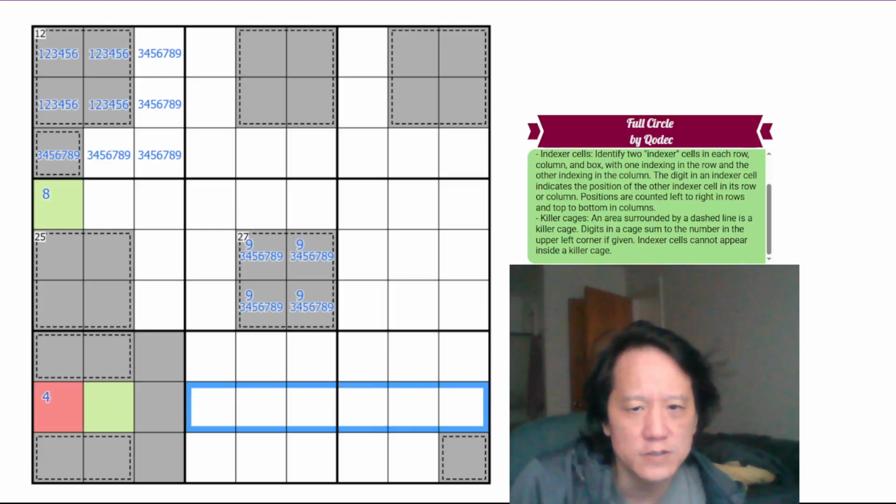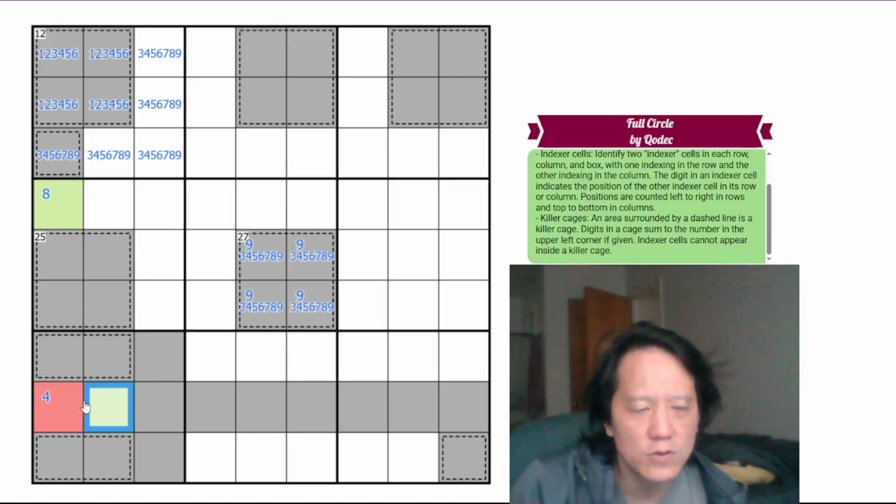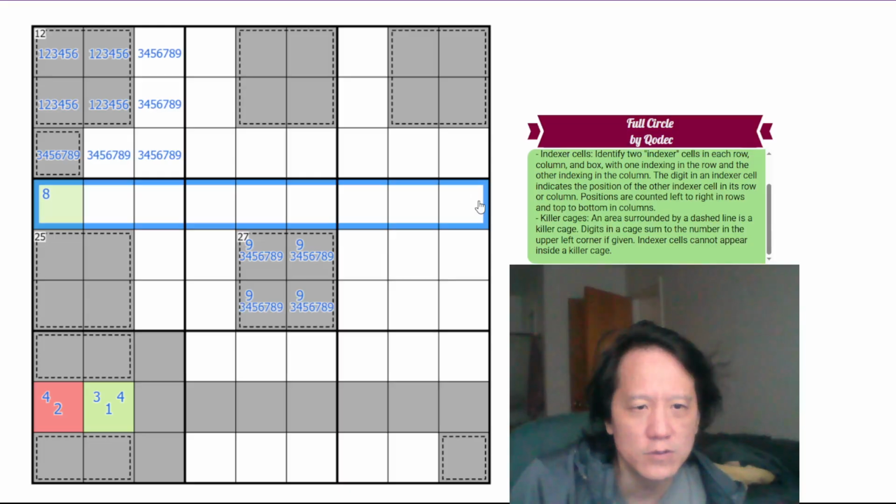So then this is not indexer. If this is indexing row, that would be a 2. If this is indexing column, it would be 3 or 4. So you could have 3 or 4. If it's indexing row, it would be 1. If this is indexing row, it cannot be 1. It could be 2, 3, 4, 5, 6, 7, 8, and 9.